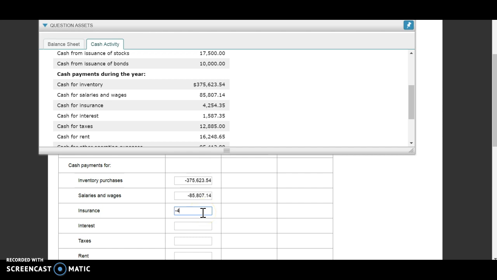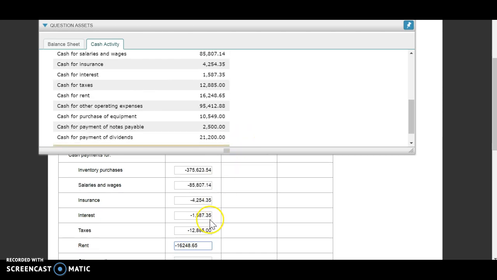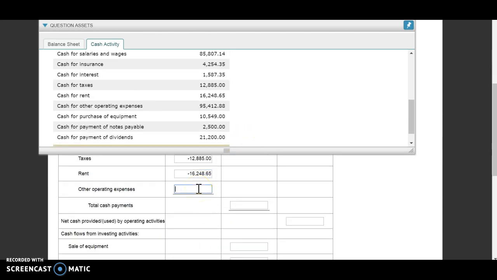Insurance, minus 4,254.35. Cash for interest, minus 1,587.35. Taxes, minus 12,885. Rent, minus 16,248.65. And then we have other operating expenses, which would be minus 95,412.88.